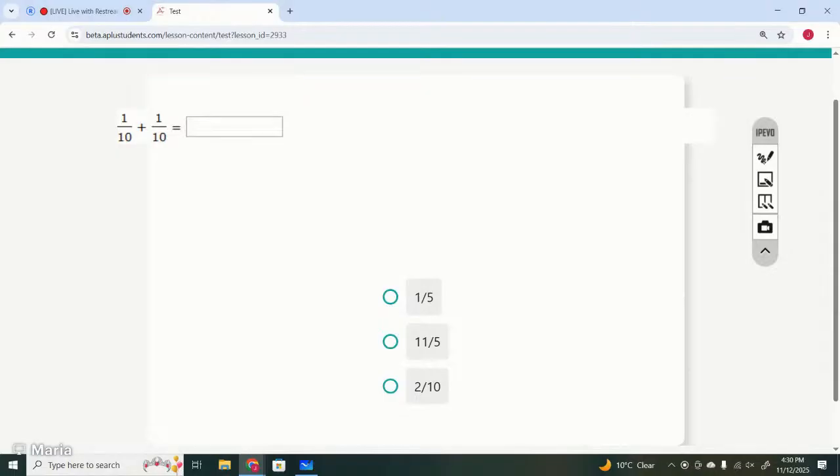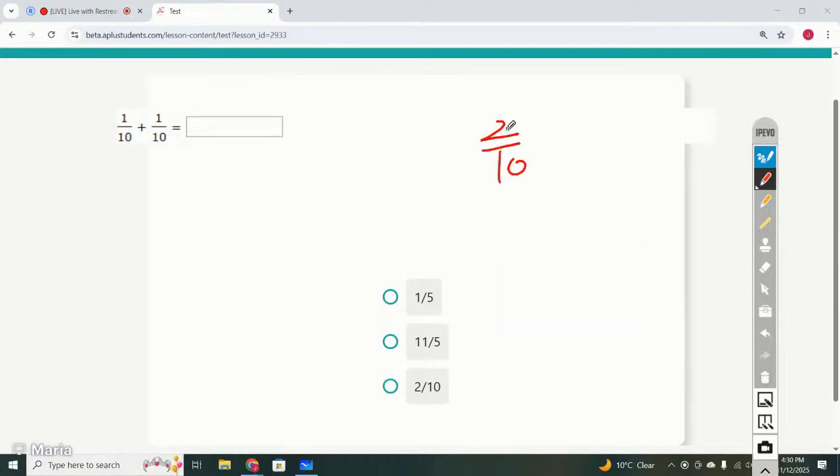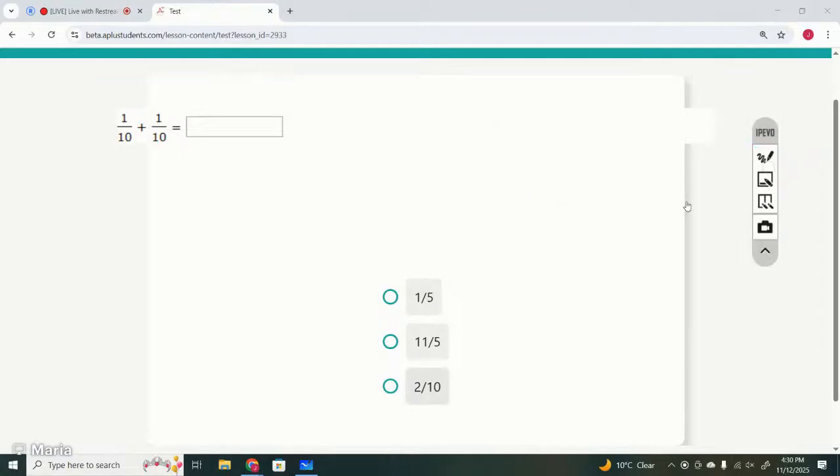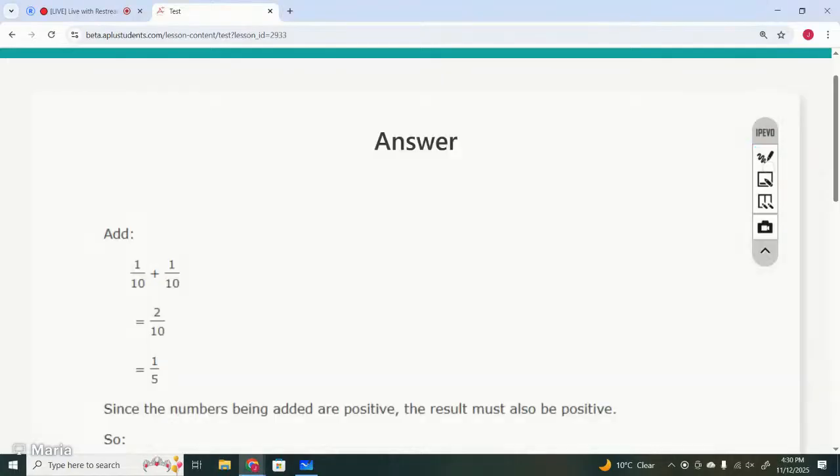So they already have the same denominators. You can simply add the numerators. So 1 plus 1 is 2, that is 2 by 10. Divide them by the greatest common factor. Option number 3 is the correct option.